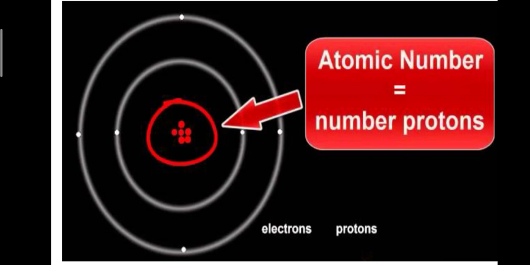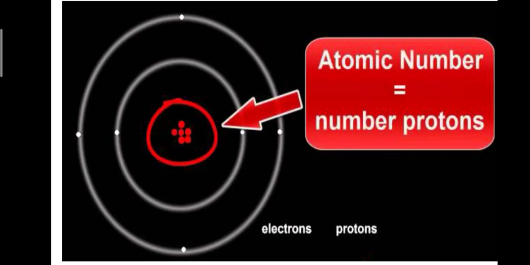Suppose here you are seeing 6 red color dots. So 6 red color dots means 6 protons are present in the nucleus. That means the atomic number of this element is 6. In this way, the atomic number is classified.